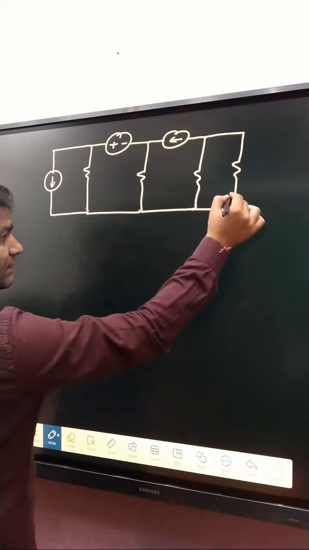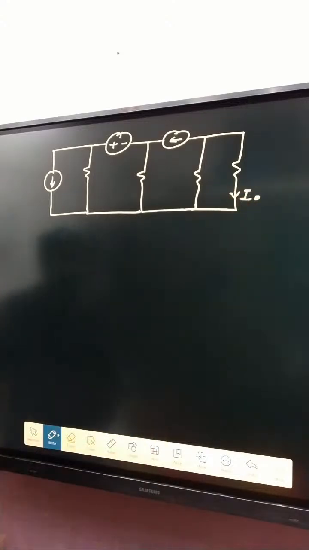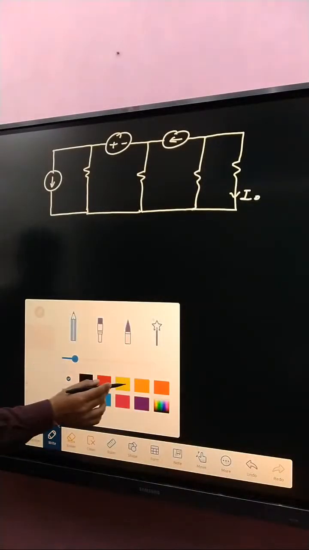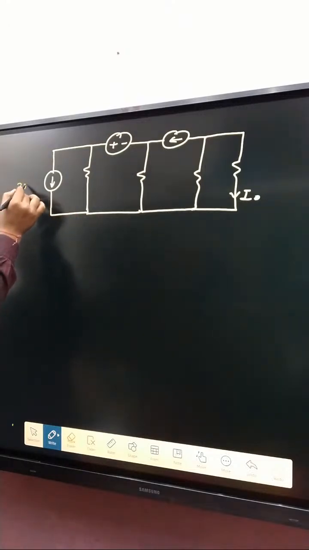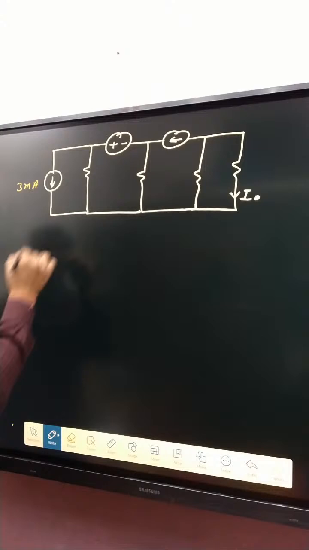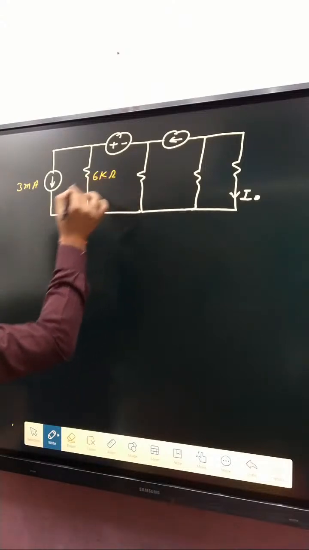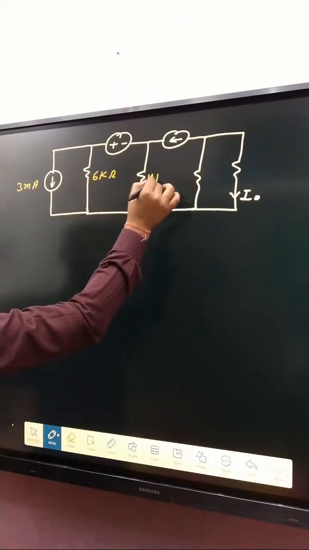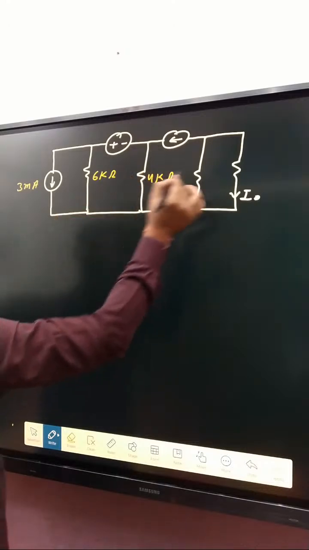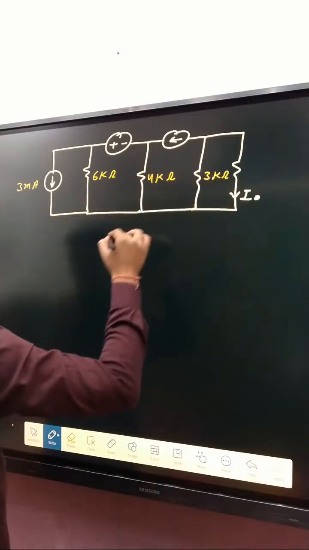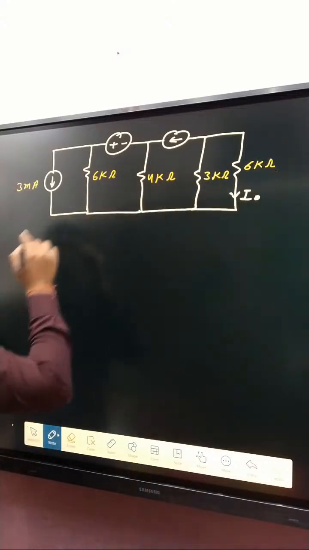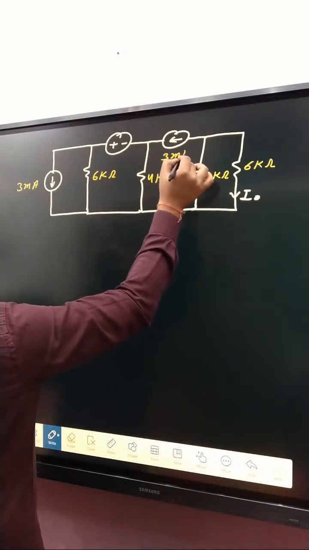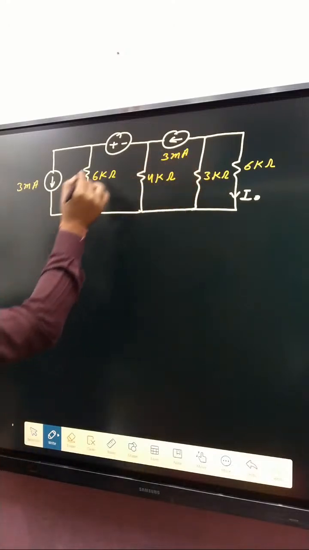Our motto is to determine the current in this branch. That one is 3 milliampere, that one is 6 kilo ohm, that one is 4 kilo ohm, that one is 3 kilo ohm, and that one is 6 kilo ohm, and that one is 3 milliampere, and that one is 6 volt.